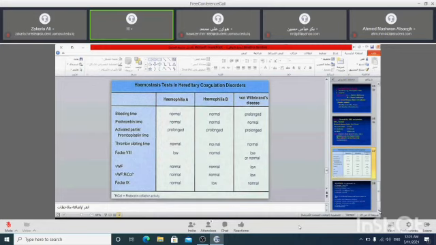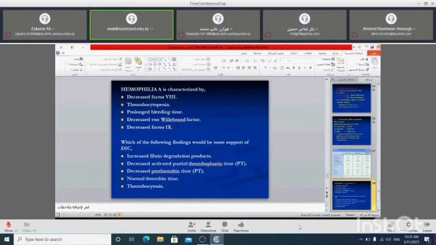Yes. Which of the following findings would most support the DIC? Increased fibrin degradation products اللي نسميها مثل الدي دايمر. Decrease prothrombin time. Decrease APTT، العفو أول وحدة. ثاني وحدة decrease prothrombin time.